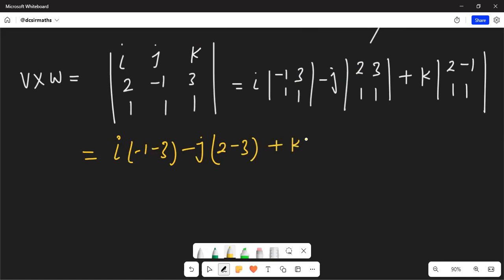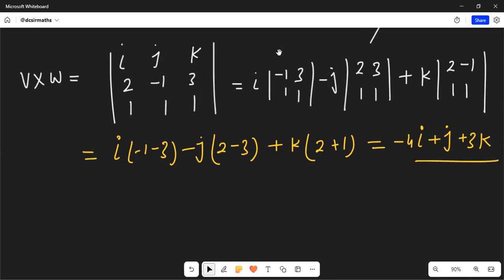And plus k times (2 times 1 is 2, minus of -1, that is +1). So V cross W is coming out as -4i, minus minus is plus j, and plus 3k. All right, so this is V cross W.